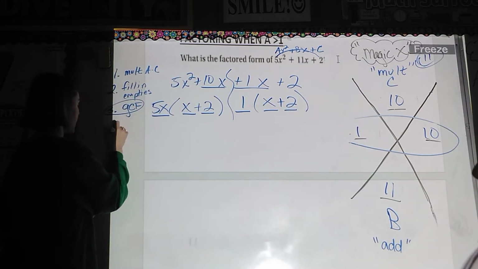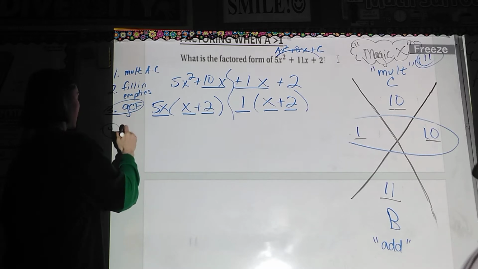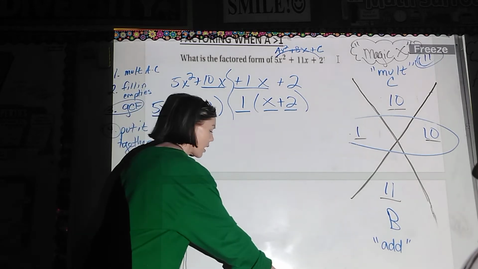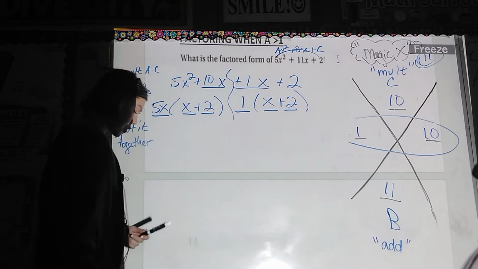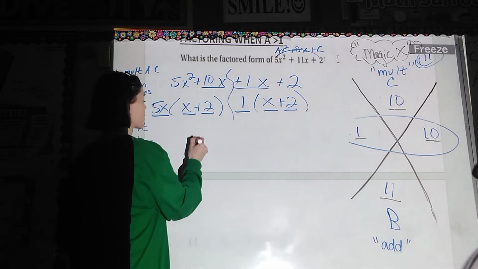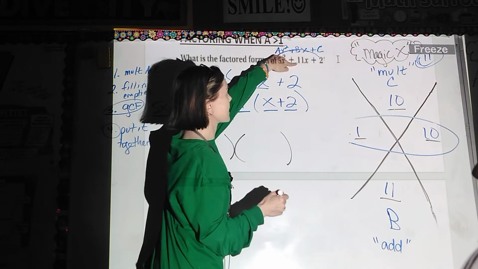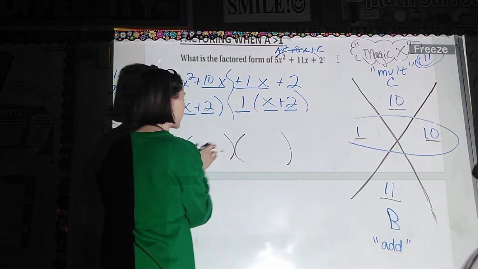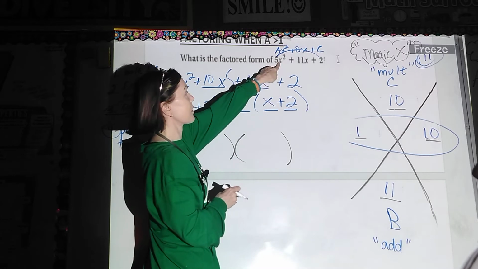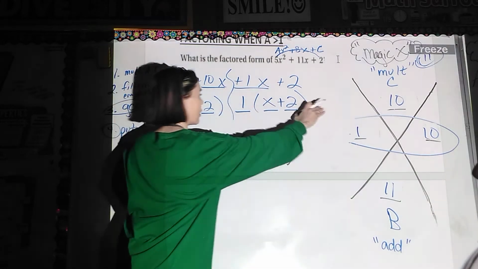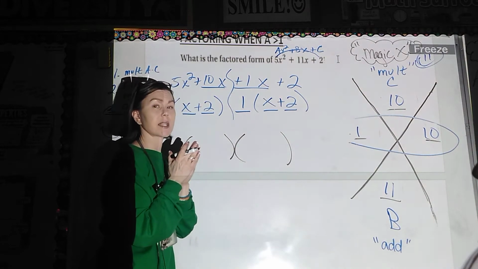Everybody write down step 4: put it together. What do I mean by putting it together? Our answer is going to have two binomials. What times what gave us the original 5x squared plus 11x plus 2? I'm going to tell you how we're going to use what we have here to put it together.